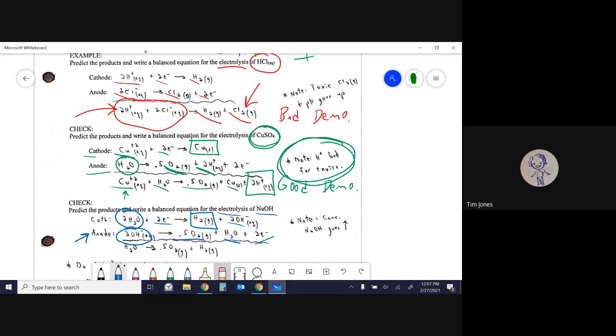This one's interesting because the overall reaction, when you add everything up, 2 hydroxides are consumed, but 2 hydroxides are produced. So it's weird. You're making hydroxide, but you're actually not increasing the amount of hydroxide because you're also consuming it at the same rate.